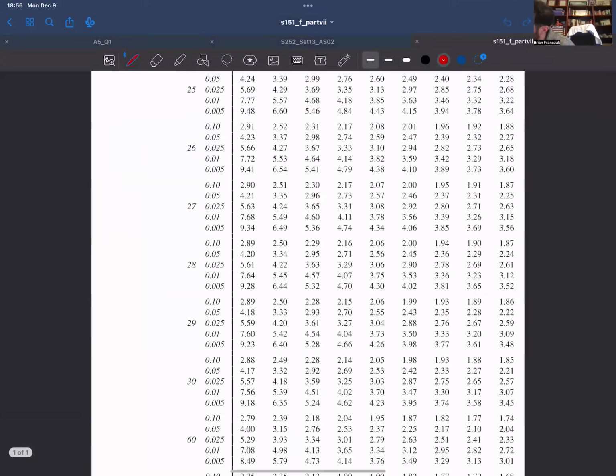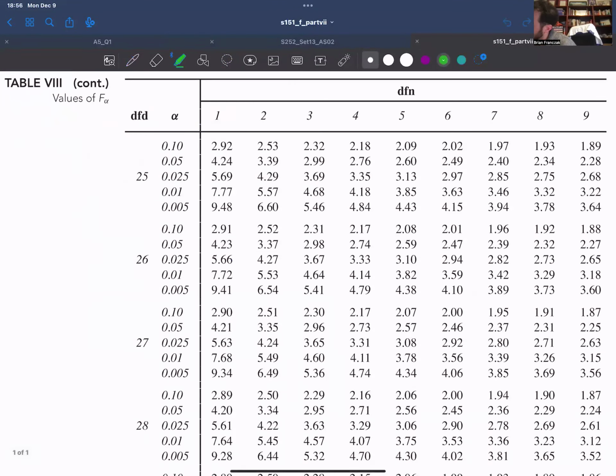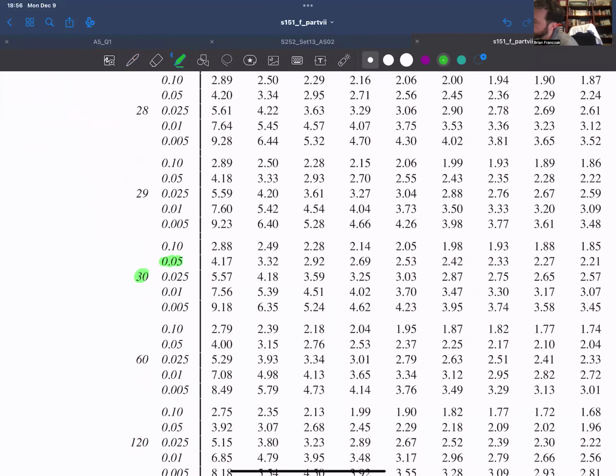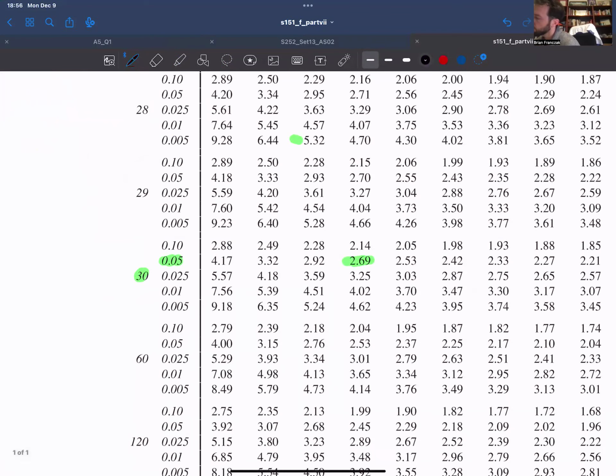Yeah, this is going to be as close as we can get. So we have 4. We round down to 30, 0.05. So that gives us 2.69. So we're going to use 2.69 as the critical value for this test.